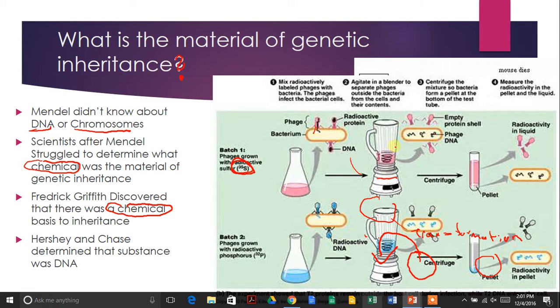they blended it together to kind of separate the virus and the bacteria, and then they centrifuged it. The bacteria was heavier, the virus was lighter, and so the virus was on the top. And they measured the radioactivity. It was all here at the top, where the protein in the virus was, and none of it was down here in the bacteria or the injected DNA in the bacteria.